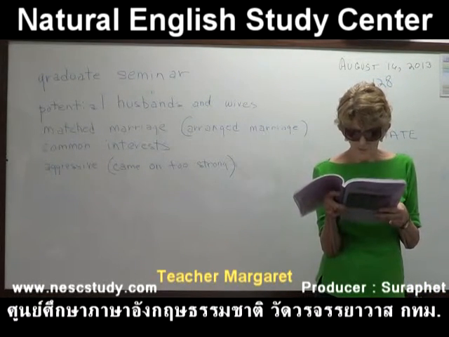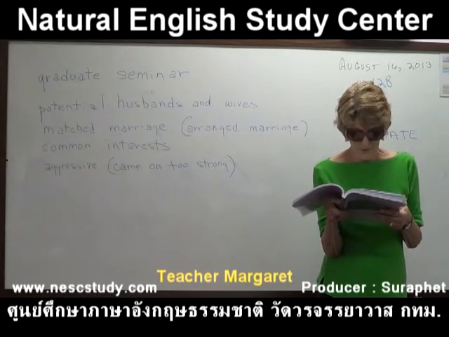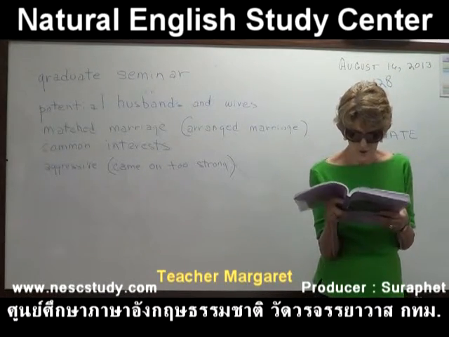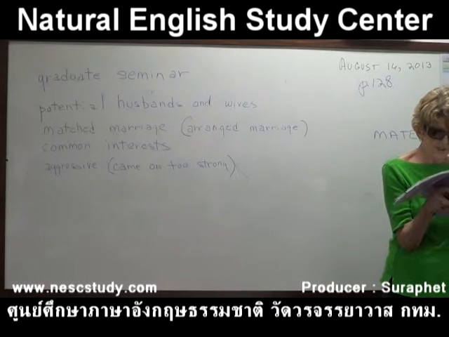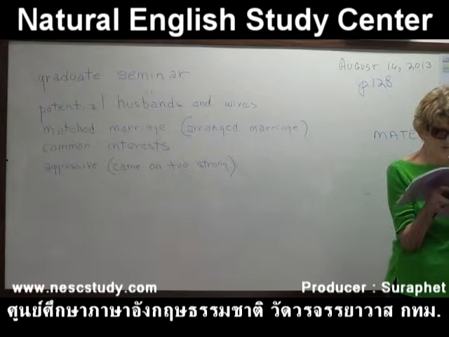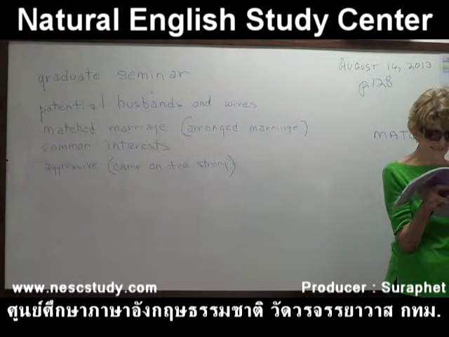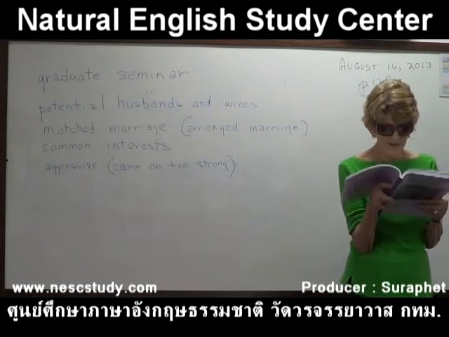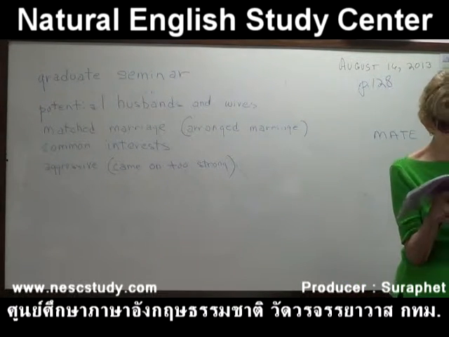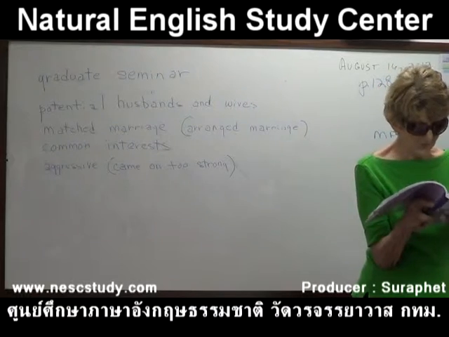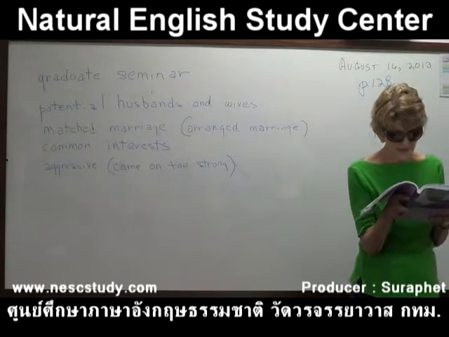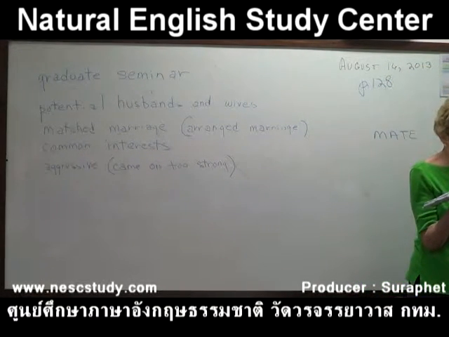There aren't many matched marriages these days, but there were a lot not too long ago. My parents, for example, met each other for the first time on their wedding day. My grandparents chose their children's mates and arranged the wedding. Do you mean that they weren't in love? That sounds awful. Weren't they upset?